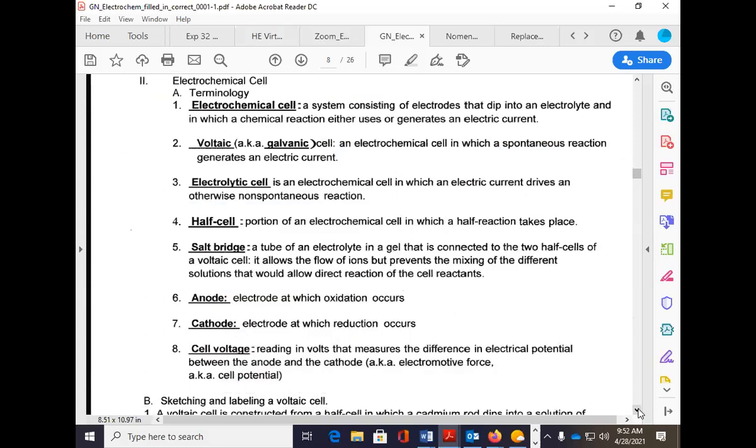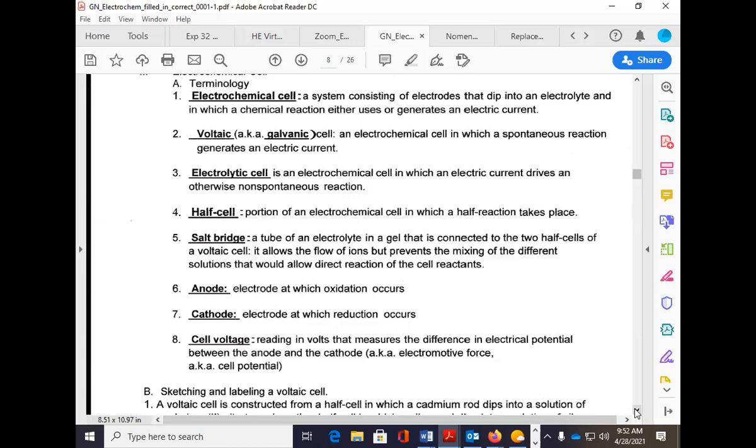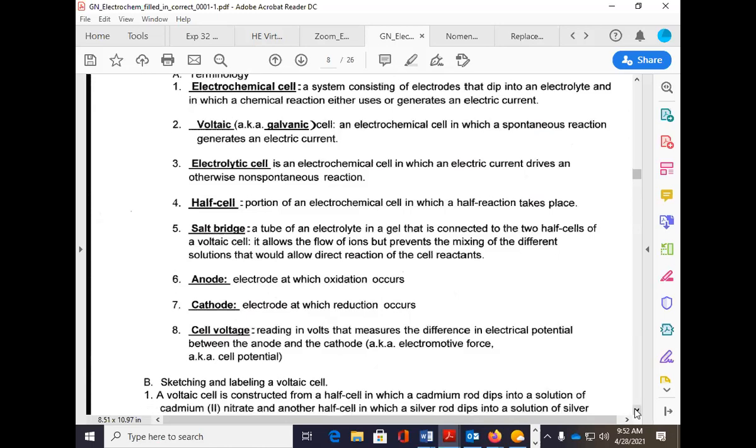Hopefully you have your figure 18.1 in your book because this would be a question. The question is asking you to draw a voltaic cell from a half cell. You've got cadmium in cadmium nitrate.